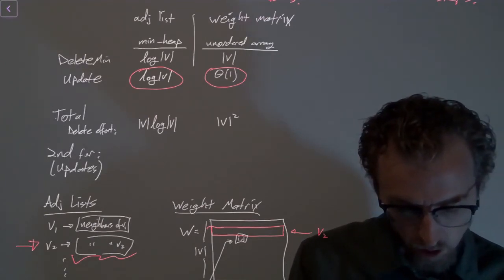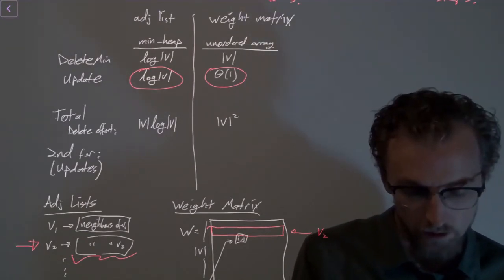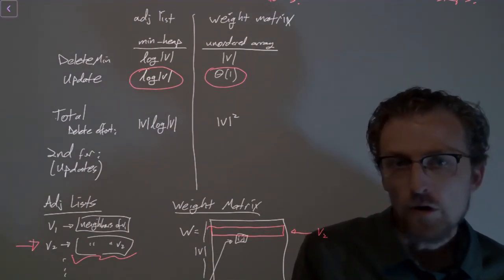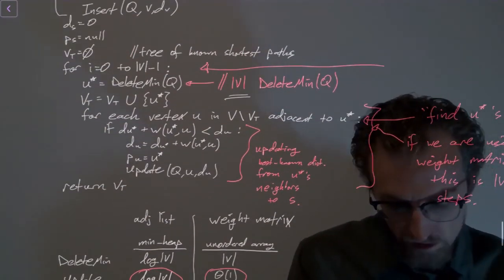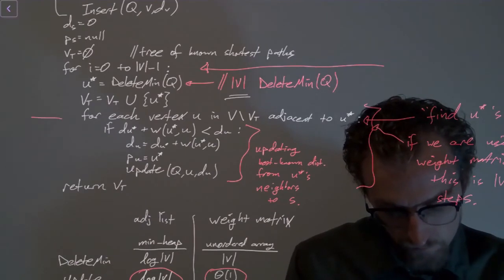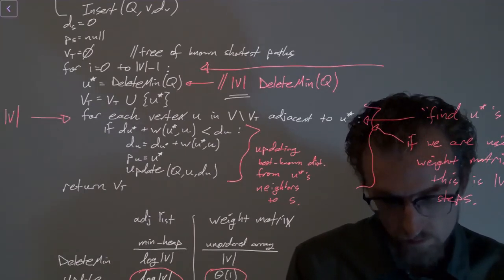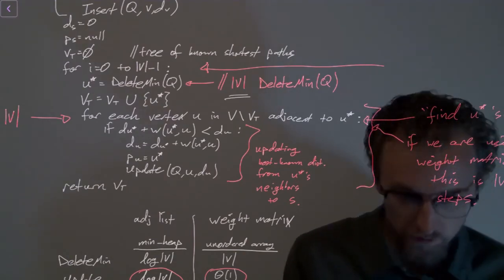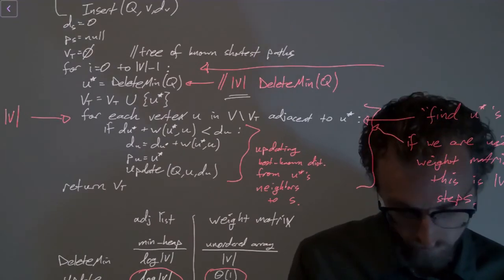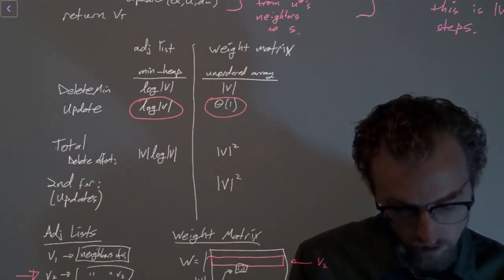If I'm in the second column, so I have a weight matrix and an unordered array for my priority queue, the question is, how much effort is expended on this second for loop? Well, how many times does the for loop tick? This second for loop ticks exactly V times. So there's V calls to this for loop. And then how long is the for loop? Well, if we're using a weight matrix, it's order V. So we have a total effort here of, again, V squared.